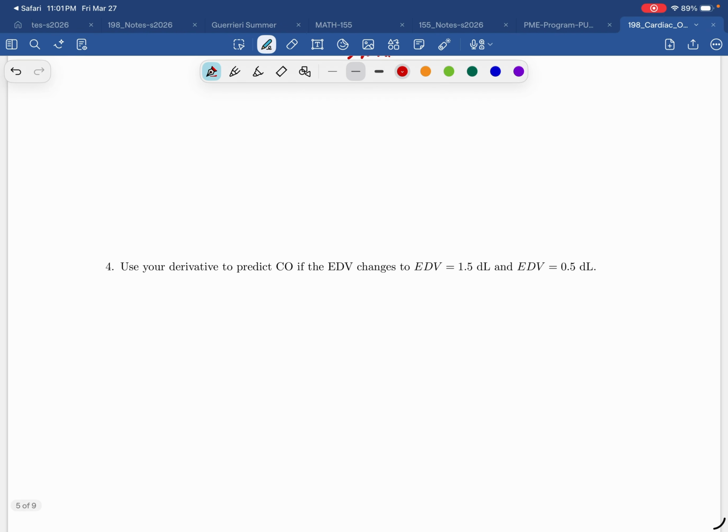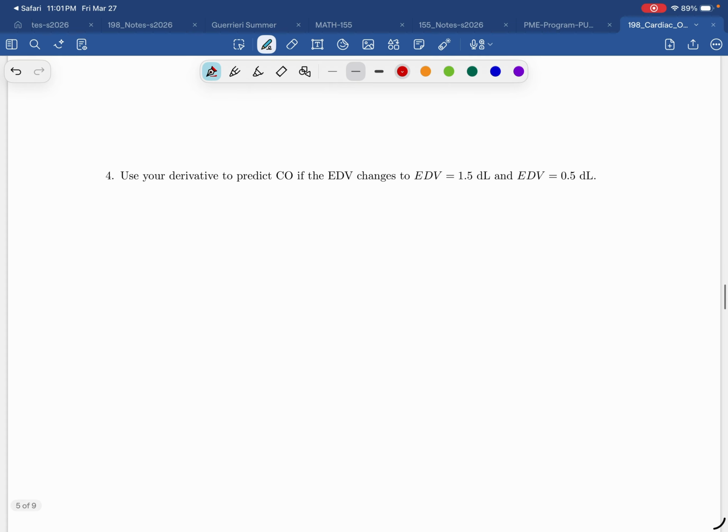Now, use your derivative to predict cardiac output if EDV changes.